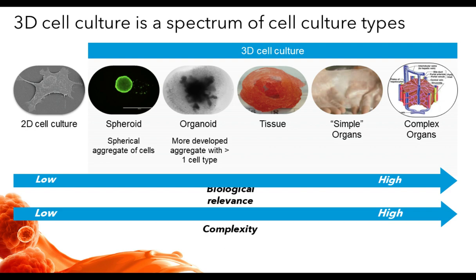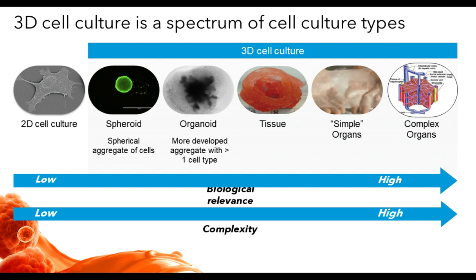If you leave them to differentiate, or you add various growth factors or differentiating factors or specialized media, the cells can differentiate into organoids, where you tend to get aggregation of more than one cell type, and you start to set up various primitive organ-type structures.